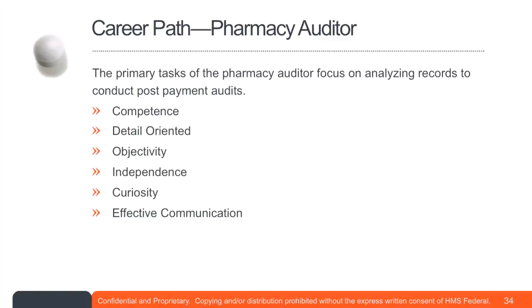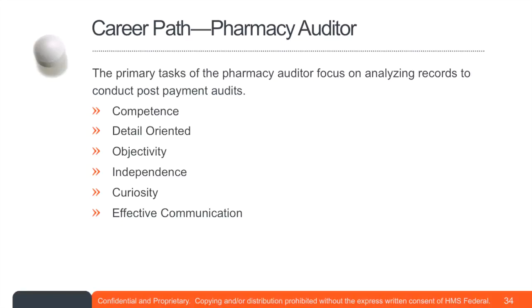You want to be detail-oriented, and I think any good technician is very detail-oriented. You need to have objectivity, which is important in looking at the records, and that includes being impartial and free of conflict of interest.